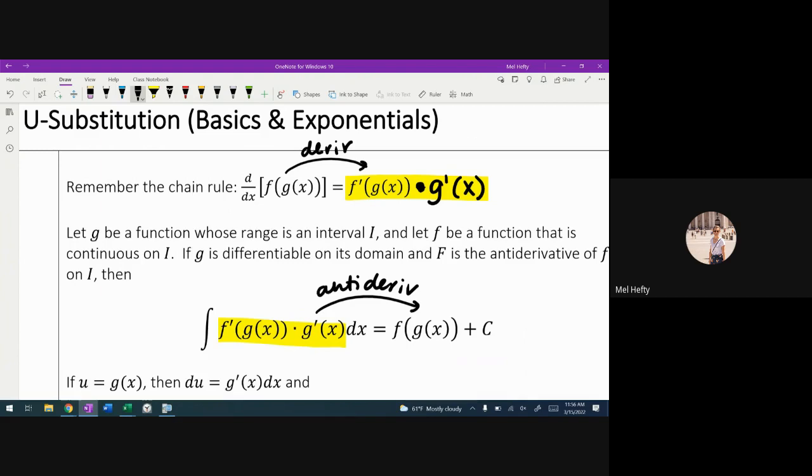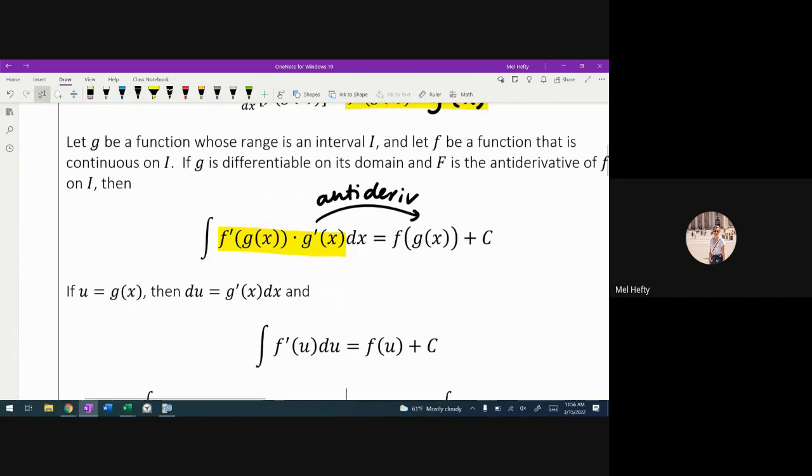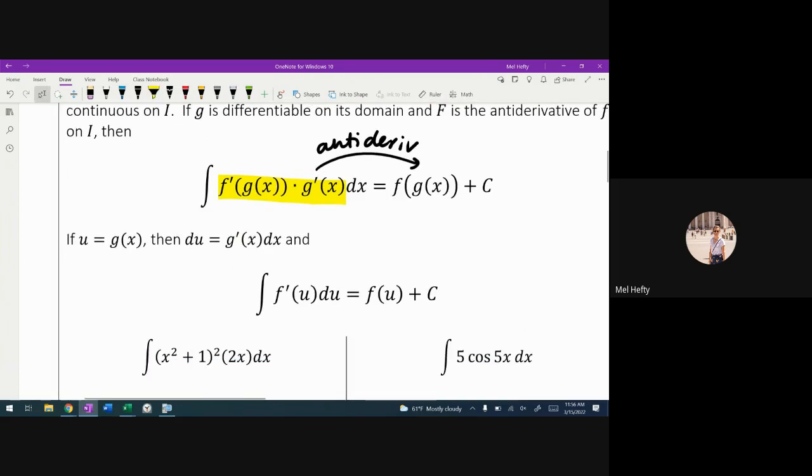So the idea that we're going to do is we're going to use 2 things to substitute. I'm going to find out what I think u should be, and we're going to spend a lot of today talking about how to choose what u is. Just like for chain rule, u is going to be whatever would be inside the other function. So if you felt like you should chain rule something, that thing that you would chain rule is going to be your u.